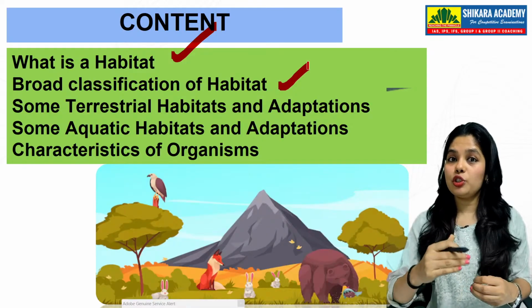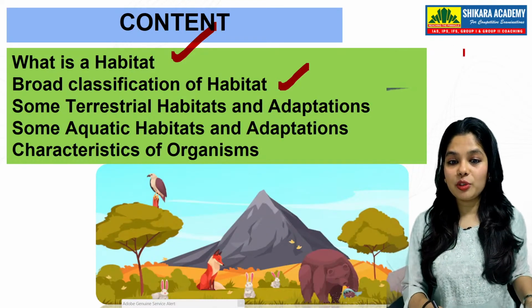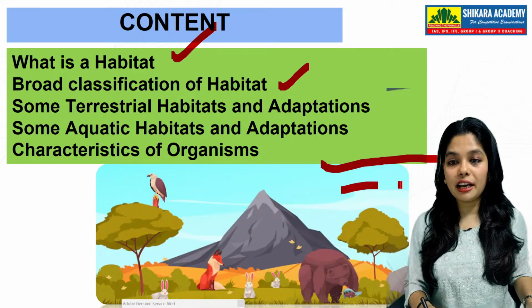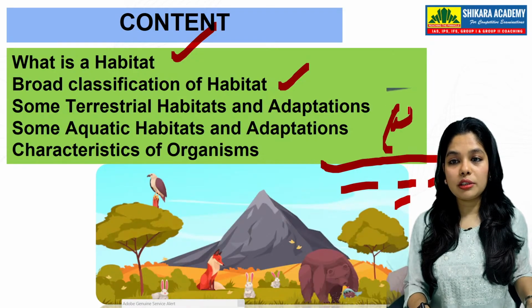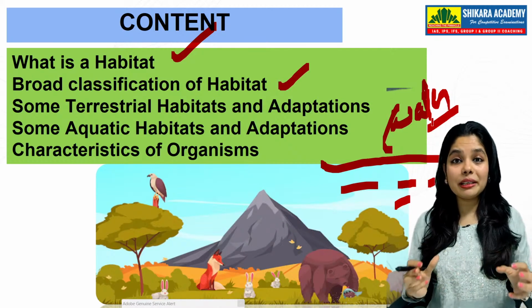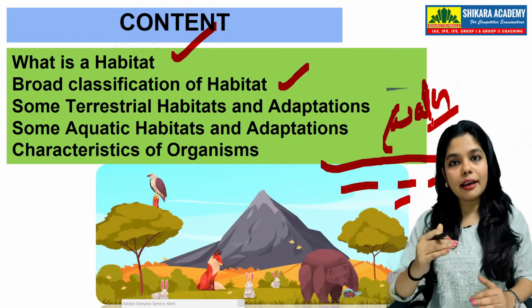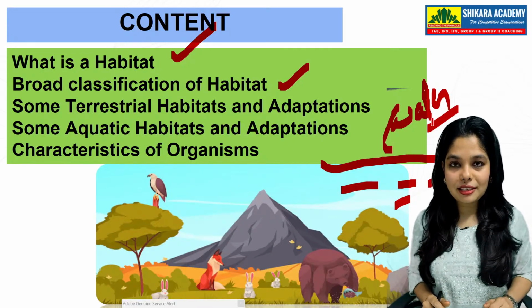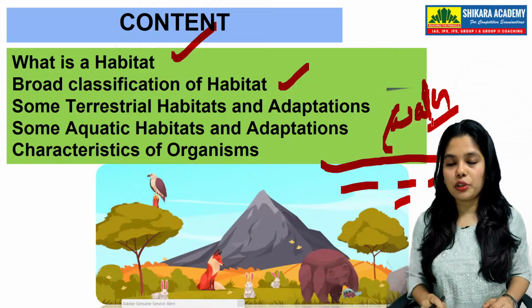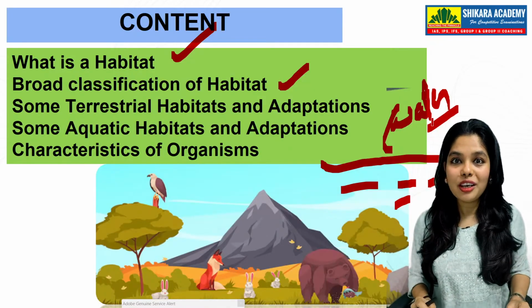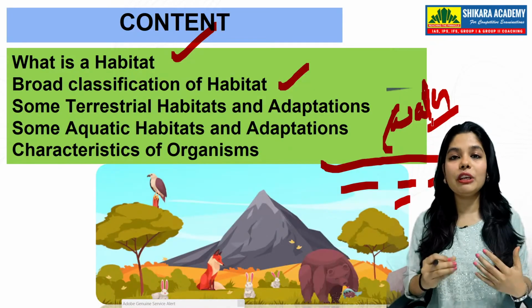Aquatic means which is under the water, under the water surface. That is your aquatic, that is your marine ecosystem. So what kind of plants and what kind of animals are there under the water? Can you imagine a life? Can you stay and thrive under the water? No, right? We as human beings don't have gills.